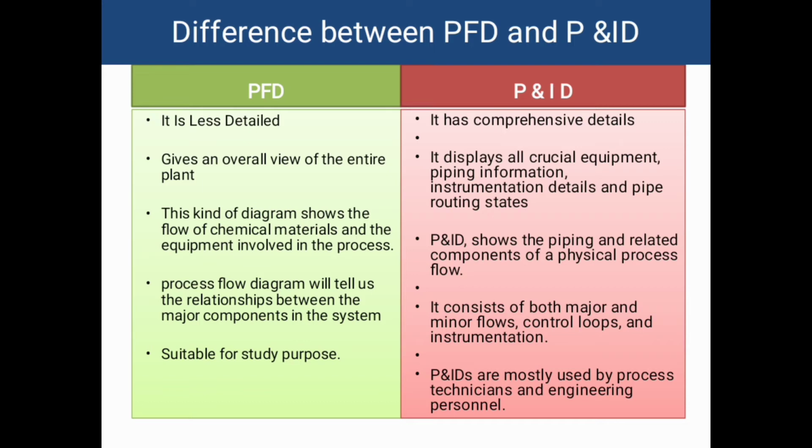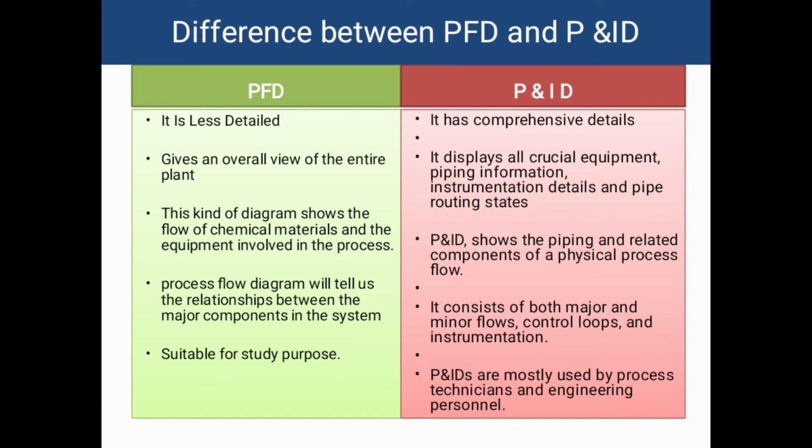The P and ID will tell you everything. The PFD gives an overall view of the plant. The P and ID displays all crucial equipment, piping information, instrumentation details, pipe tagging, instrument numbers, and equipment numbers. Everything will be detailed in the P and ID.